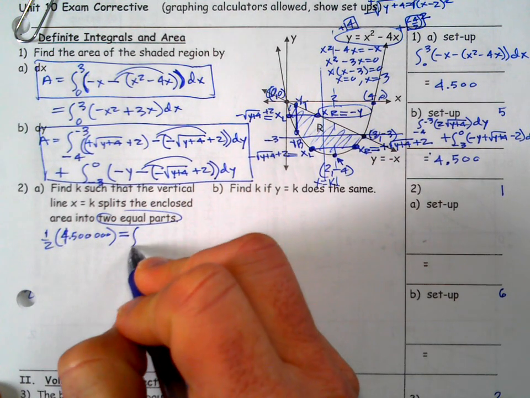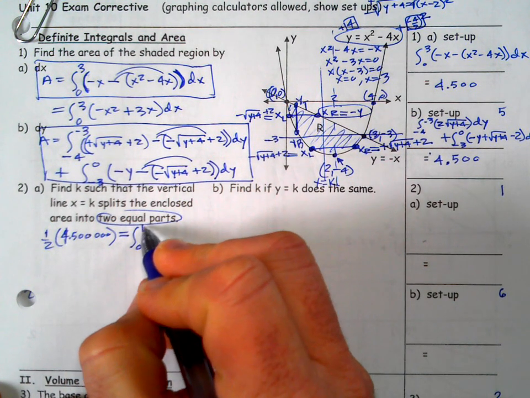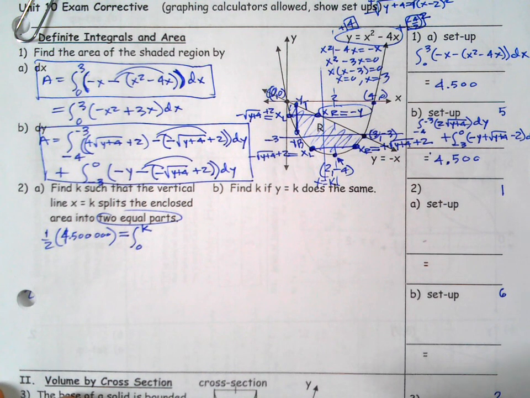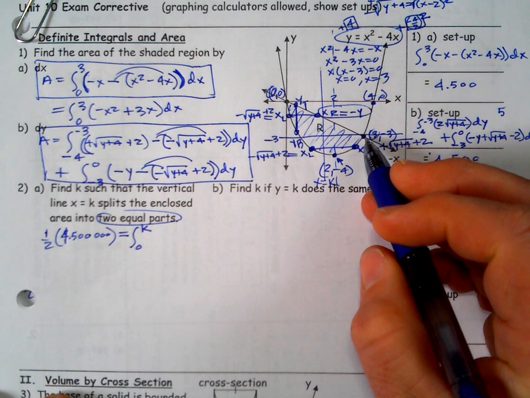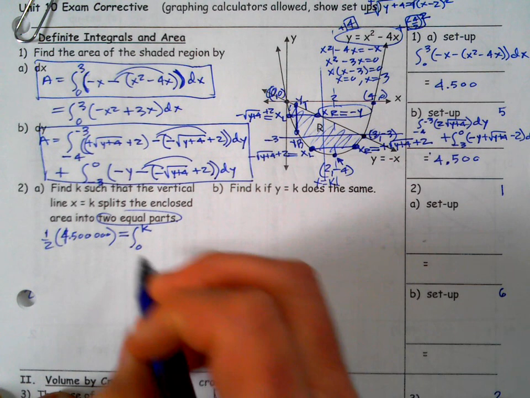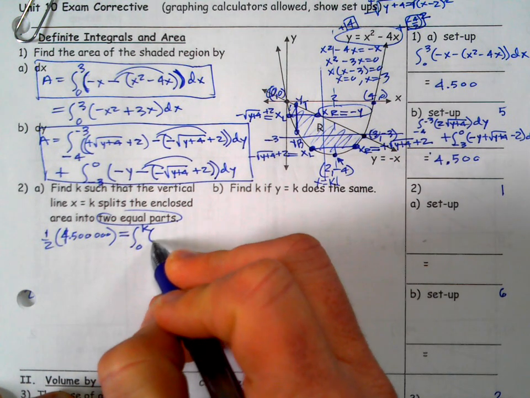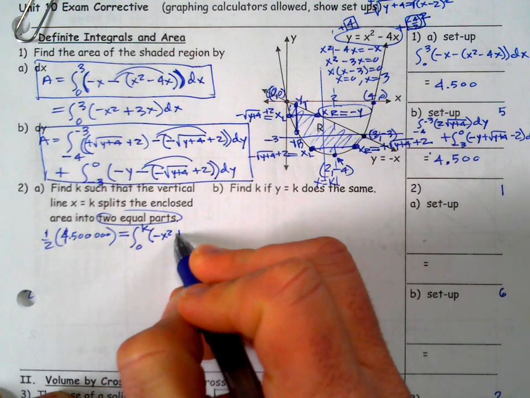And then we're going to integrate this from 0 to k. You could do k to 4, but 0 to k, or k to 3, but I would do 0 to k. I think that's going to be easier. And you have to use the vertical slicing setup.